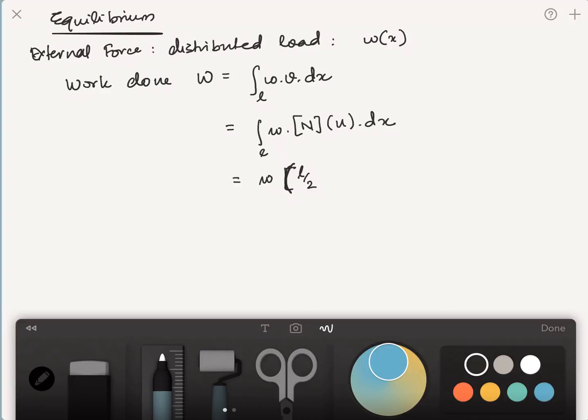You can write this also as a vector, L by 2, L square by 12, L by 2, minus L square by 12, times U, which is the displacement vector.